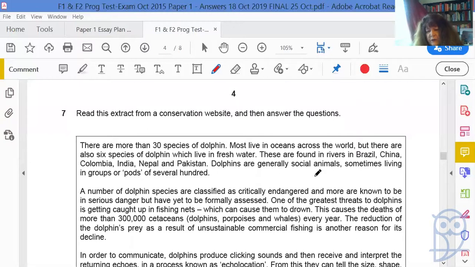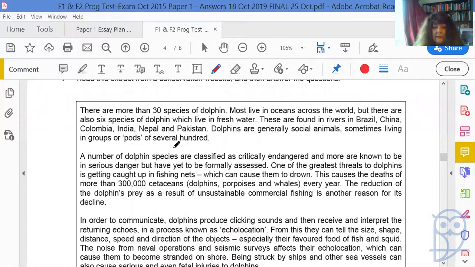Dolphins are generally social animals, sometimes living in groups or pods of several hundred. What a sight that would be to see. A number of dolphin species are classified as critically endangered, and more are known to be in serious danger, but have yet to be formally assessed. In other words, we don't really know how many.